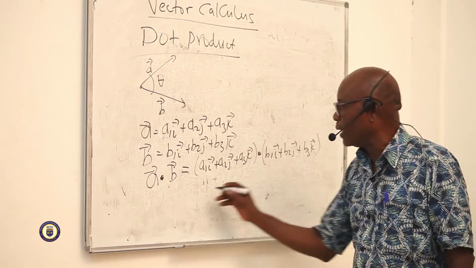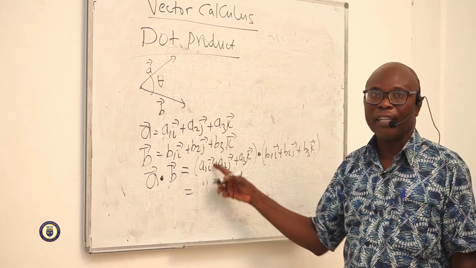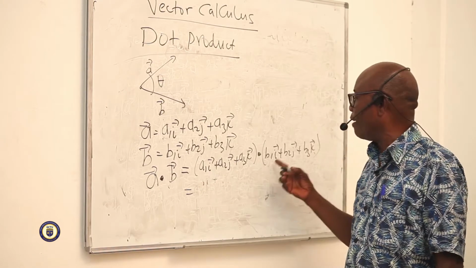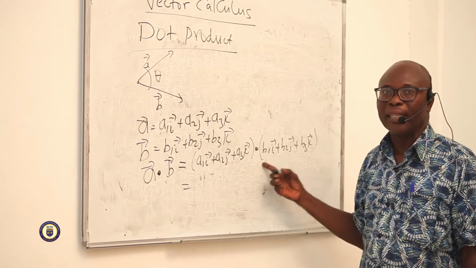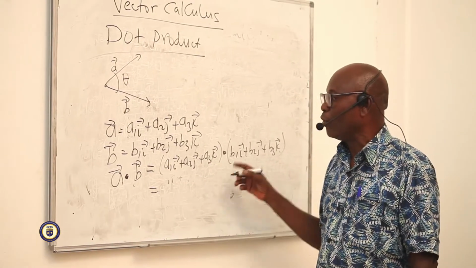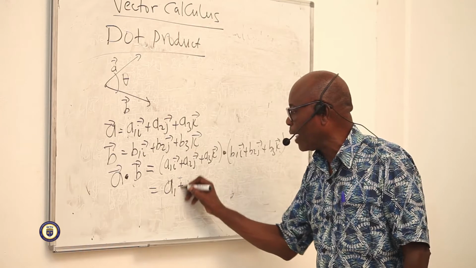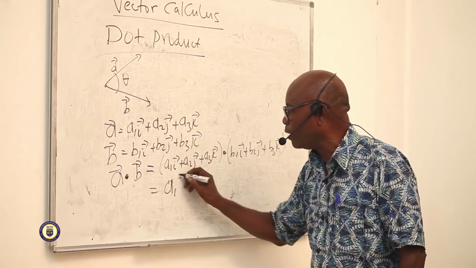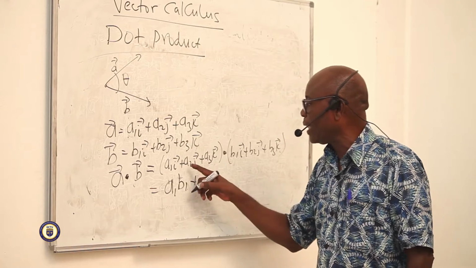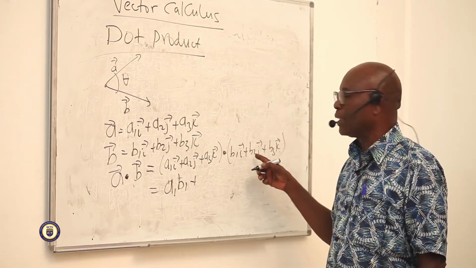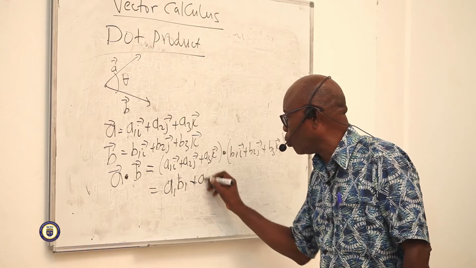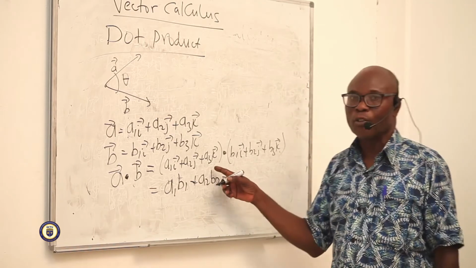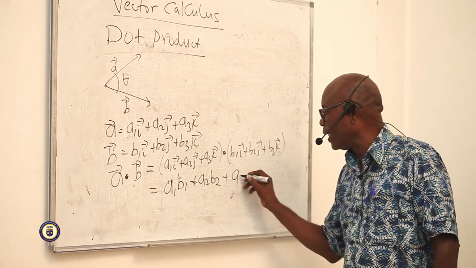So if you take the first vector A, the component on the X axis is A1, and the first component of B is B1, then A dot B is A1 times B1 plus A2 times B2 plus the third component, which is A3 times B3.